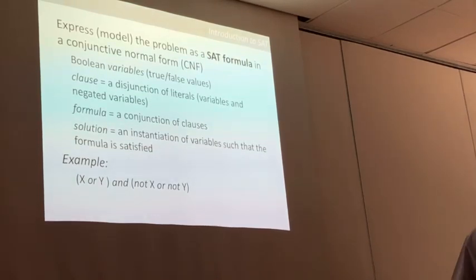By the way, can anybody guess what the formula is saying about x and y? Just by looking at it. So what are the satisfying assignments to x and y? What's the property of them in words?